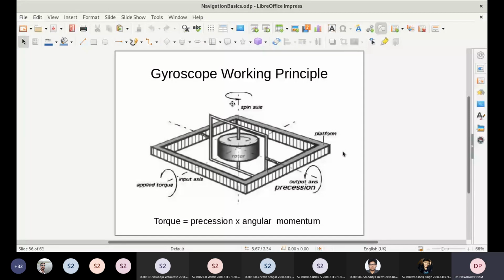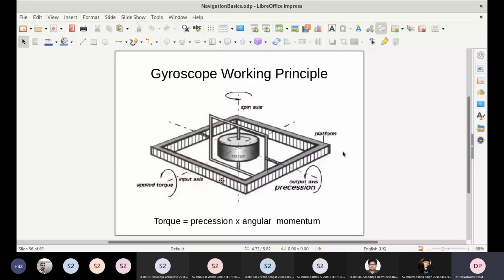You imagine that on the right part of the axis you have one half, you cut off the other half, then you will be able to imagine that it is a very close approximation to that. So when you try to apply torque along the input axis, you will notice that the inner gimbal will rotate. When you try to push the outer gimbal, the inner gimbal will rotate. That is what is mentioned.